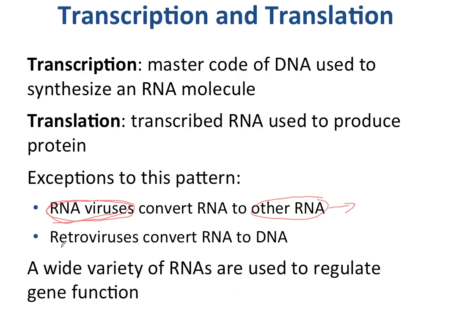Retroviruses are also RNA viruses. However, they need DNA, so they need transcription. They can convert RNA to DNA, and then the DNA will get into the host nucleus and start the transcription. Okay, so this is for the DNA.